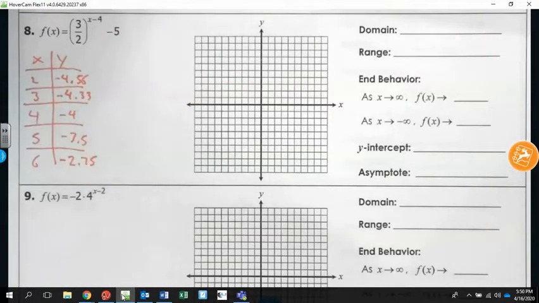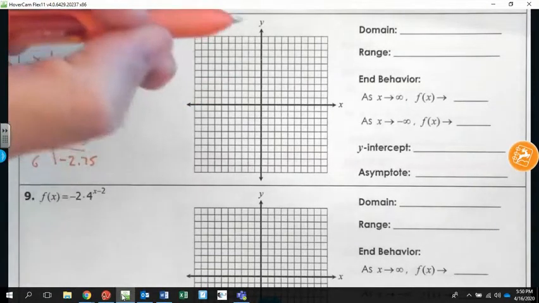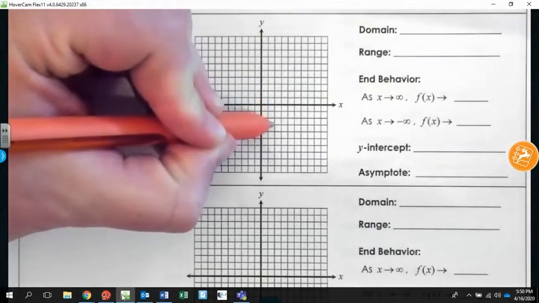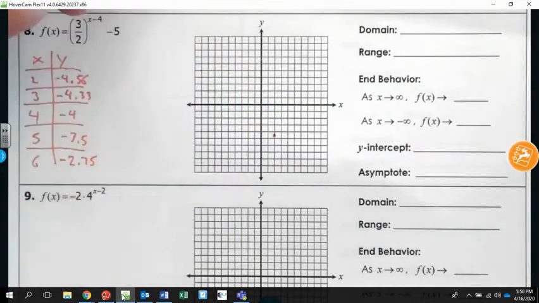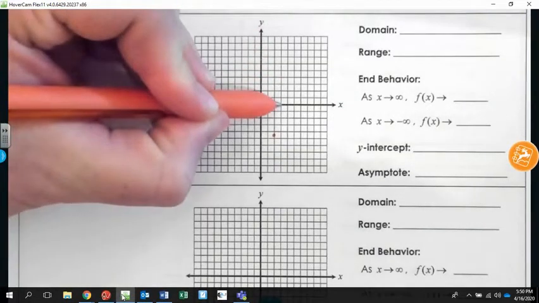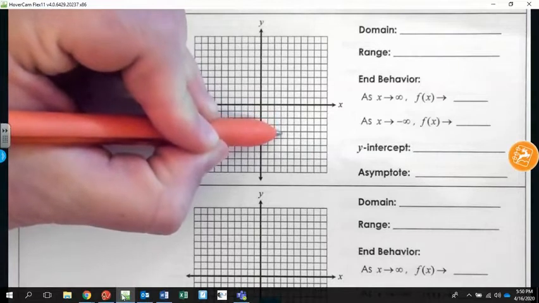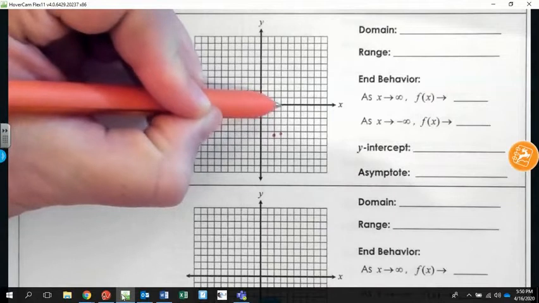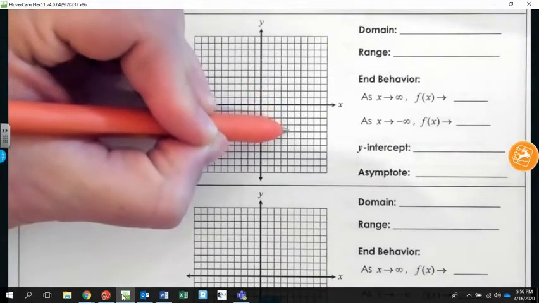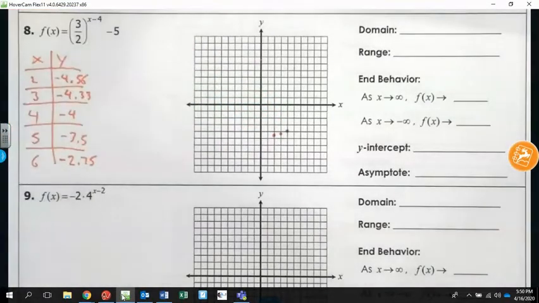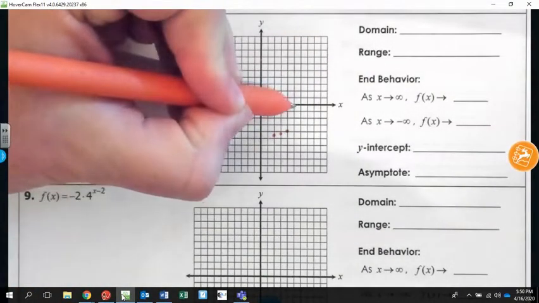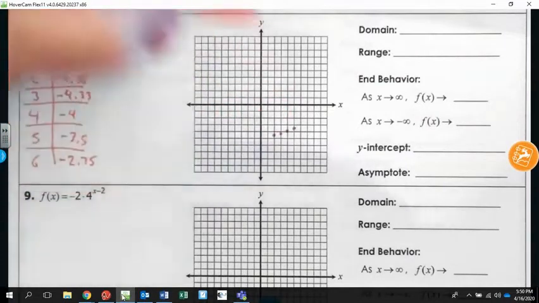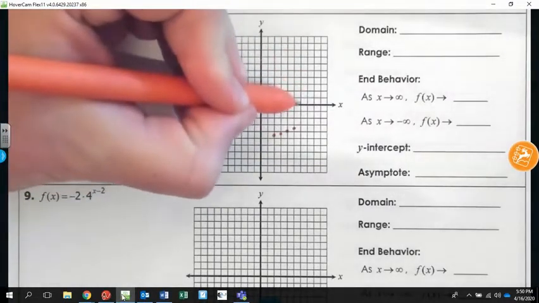So we have 2 and negative 4.56. 3, negative 4.33. 4, negative 4. 5, negative 3.5. And 6, negative 2.75.